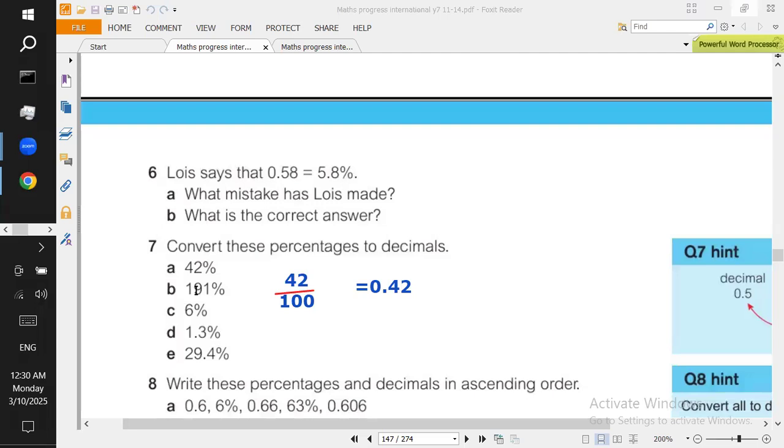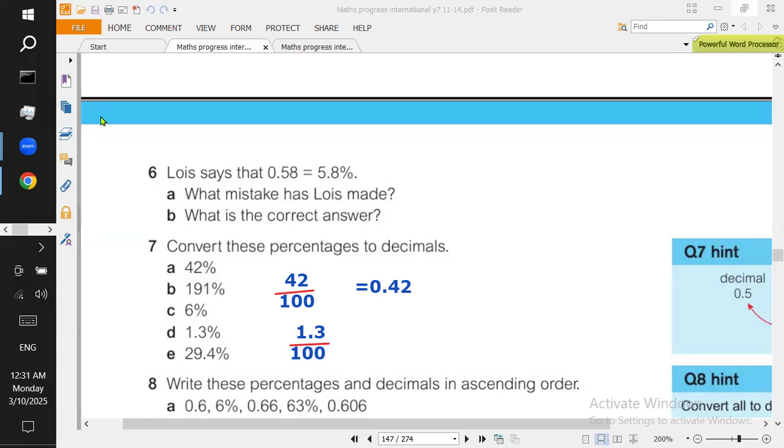This will be 1.91, 0.06, 1.3. When you put it over 100 like this, it's going to be 1.3 over 100, or divided by 100. It means you're going to move the decimal point two times.